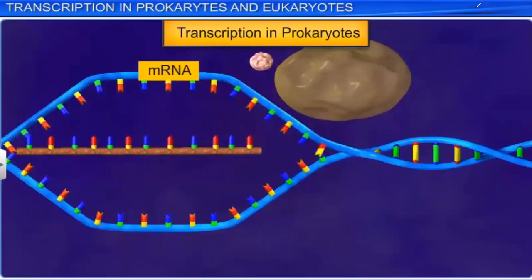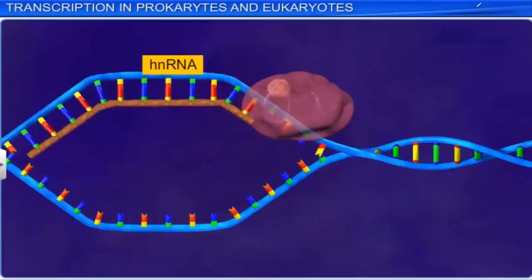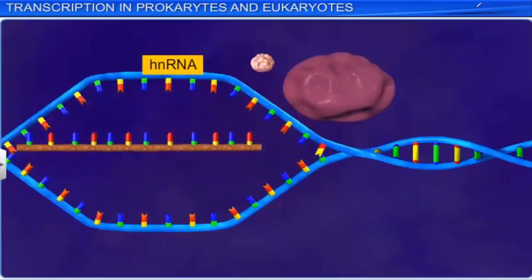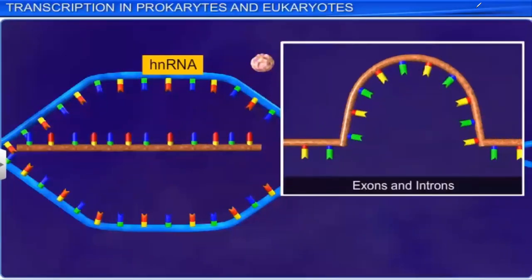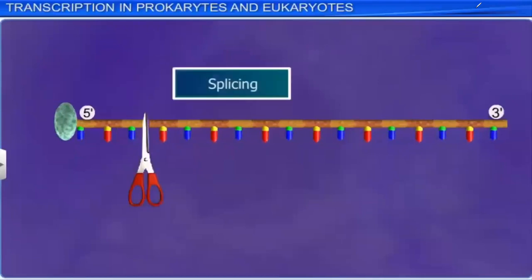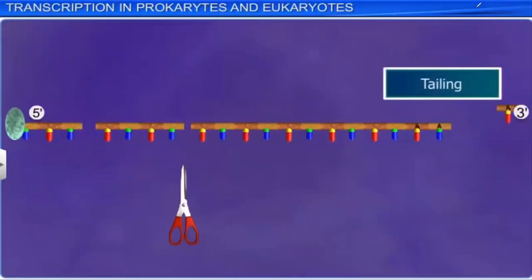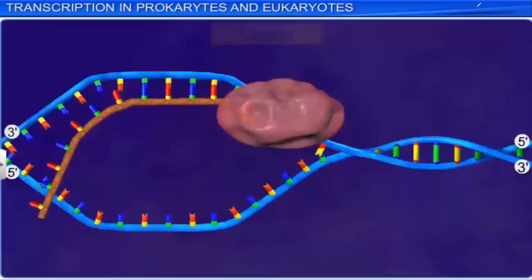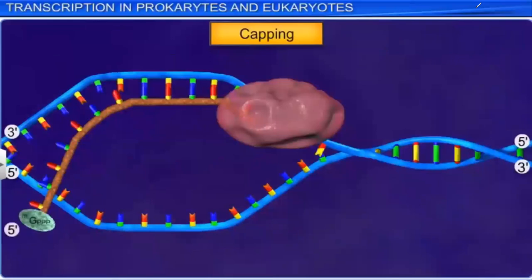However, in eukaryotes, the hnRNA is inactive since it has a split gene arrangement with exons and introns, and hence it has to undergo processes such as capping, splicing, and tailing. The first process is capping, which involves an unusual nucleotide called methylguanosine triphosphate being added to the 5' end of the hnRNA.